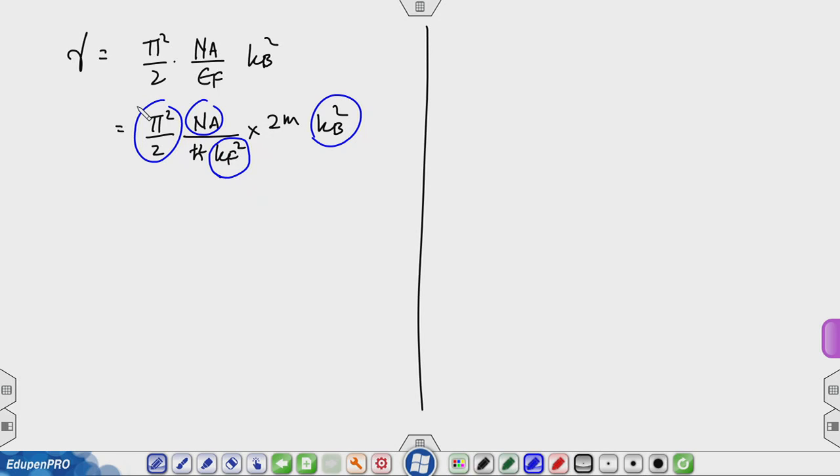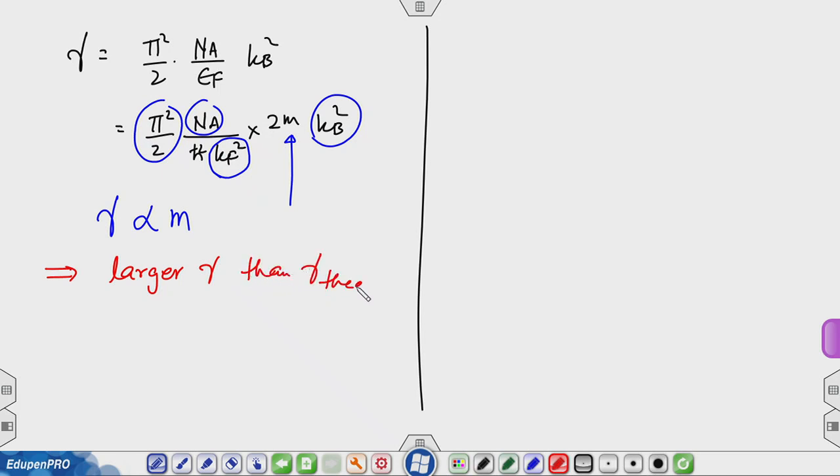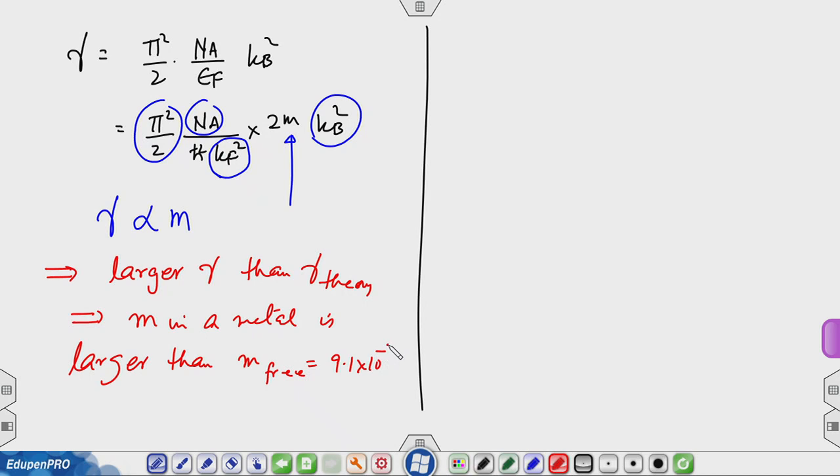So the only thing that could differ is this m, and gamma is proportional to m. This implies that larger gamma than gamma theory implies m in a metal is larger than m free, which is 9.1 times 10 raised to minus 31 kg.